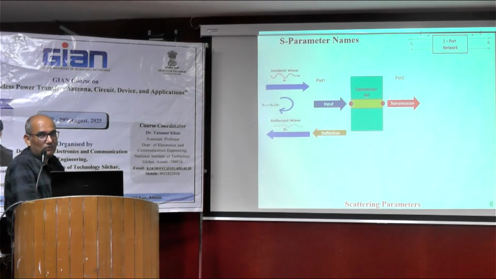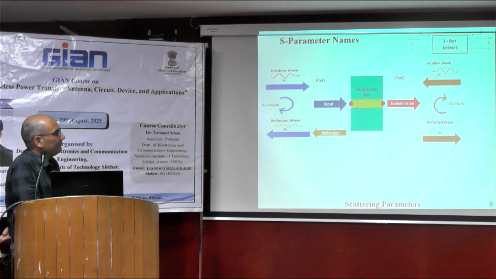If there is no perfect match, then the situation will be entirely different. A certain amount of power will be reflected back, that parameter S11 is B1 upon A1, where B1 is the reflection from port 1 and A1 is the incidence at port 1.